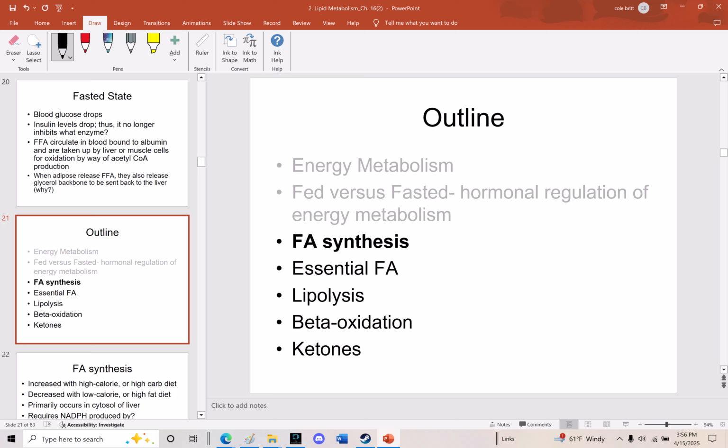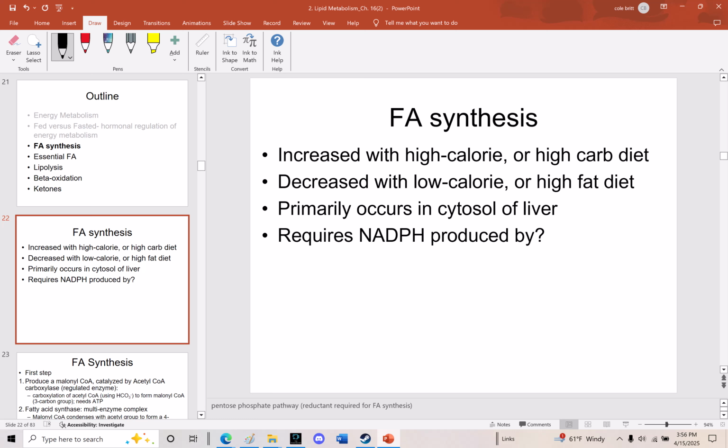So fatty acid synthesis is going to increase with a high-calorie, high-carb diet. It's going to decrease with a low-calorie or high-fat diet. Why is it going to decrease with a high-fat diet? Because you ate the fat. You don't need to make more if you've already eaten a lot of fat. So it just depends on the body's needs, ultimately. If the body needs it, it's going to make it.